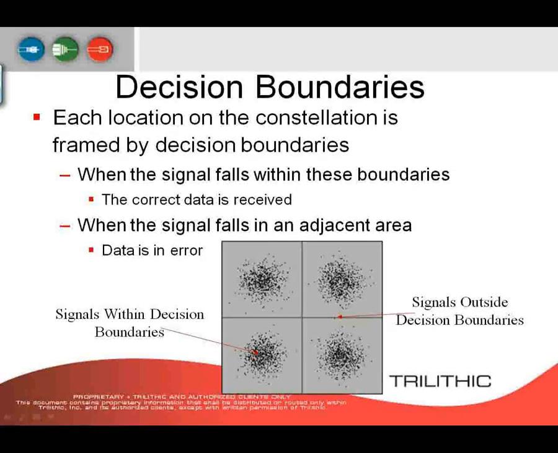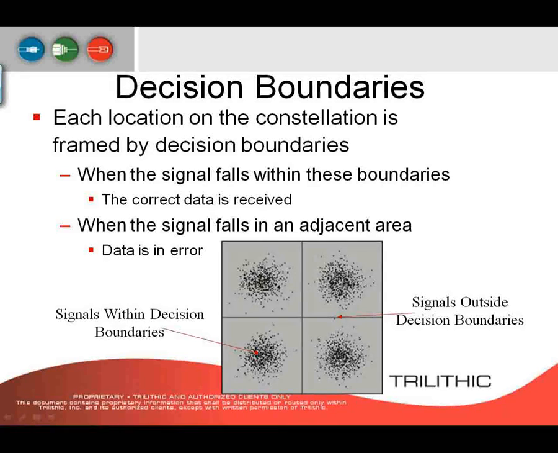Sometimes they're called the decision thresholds. Now, whenever any bits fall outside of these particular boundaries, then anything outside the data that's there would be in error.